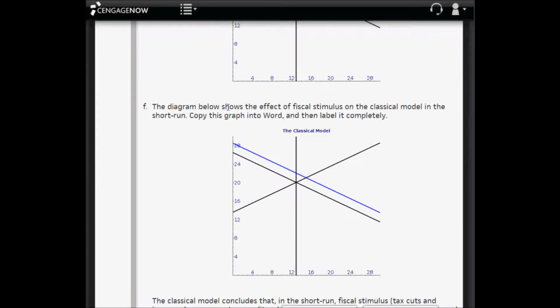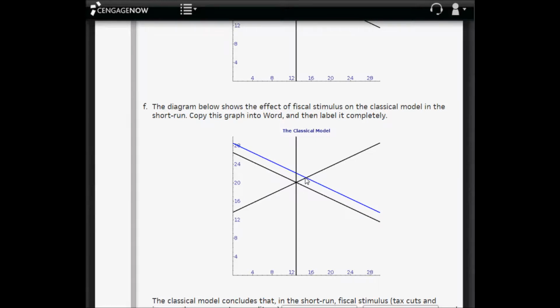In part F, the diagram below shows the effect of fiscal stimulus on the classical model. Fiscal stimulus could be either an increase in government spending or a tax cut. So what happens in the classical model is when government cuts taxes or raises government expenditure, aggregate demand will shift from the long run equilibrium here to a new short run equilibrium here.